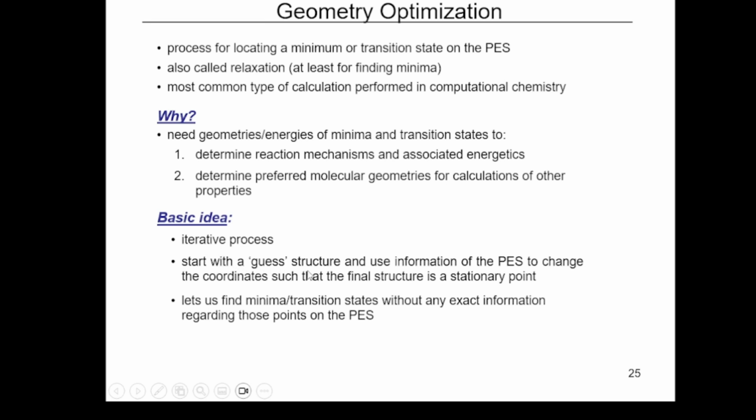It starts with a guess structure, the structure that you give to the software based on your own drawing, and it uses information of the potential energy surface to change the coordinates such that the final structure is a stationary point.